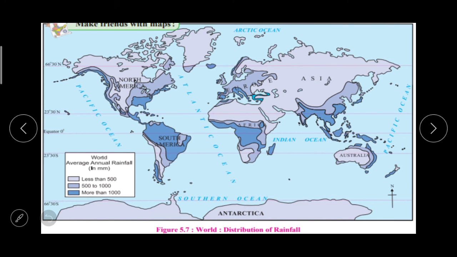Why does the amount of high rainfall in the western part of the European continent reduce in the eastern part? And the last question, why is the rainfall more only in the eastern coast of Australia? Now by using this, you observe the map and answer these questions. We'll now go for the next one.